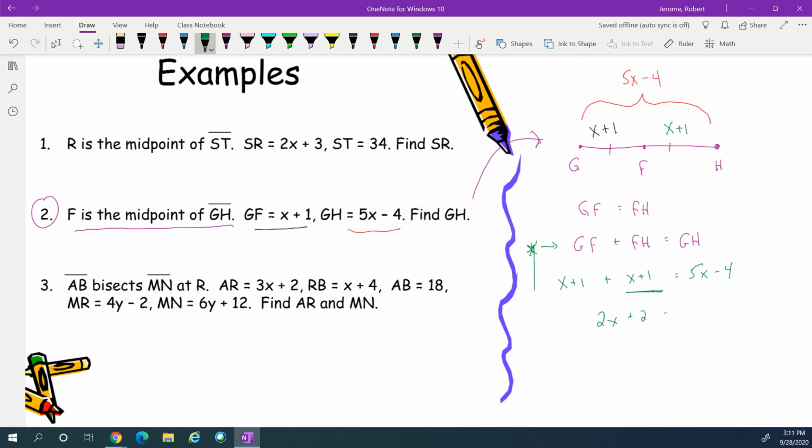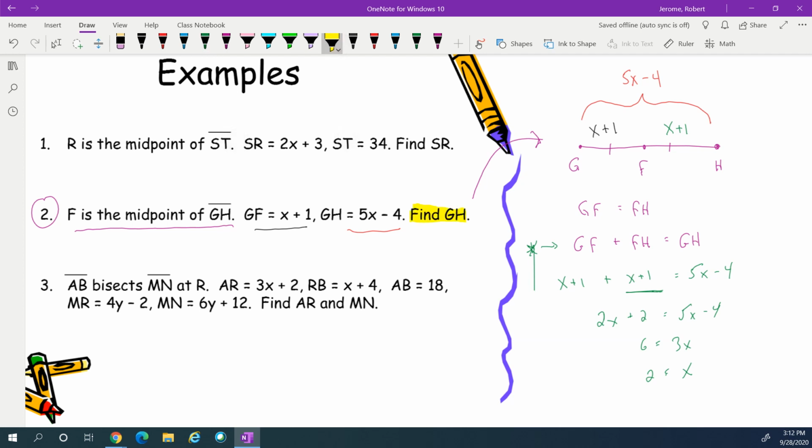2x plus 2 equals 5x minus 4, 3x, 6, and x is 2. And knowing x is 2 is really important. It's just that we're still not done. The question asks us to find GH. Reread the question. Find GH.